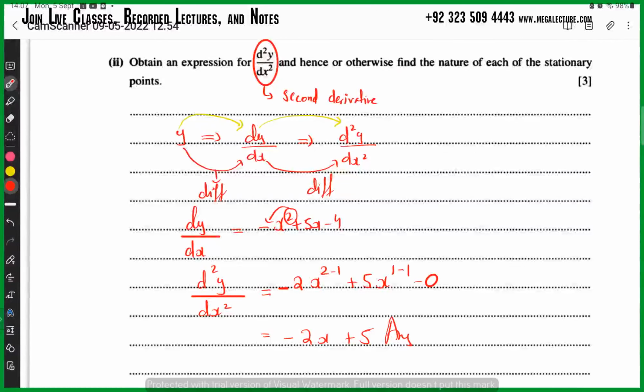No, one second. This is the first derivative. This first derivative has 5x. I'm just finding the second derivative. If I have 5x and I'm differentiating 5x, that is going to give me 5, right? I'm not differentiating 5, I'm differentiating 5x. Okay?